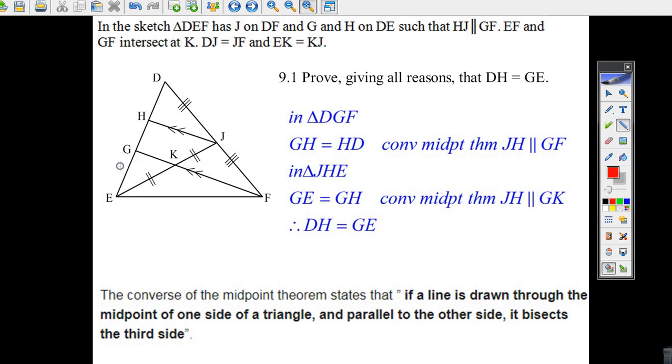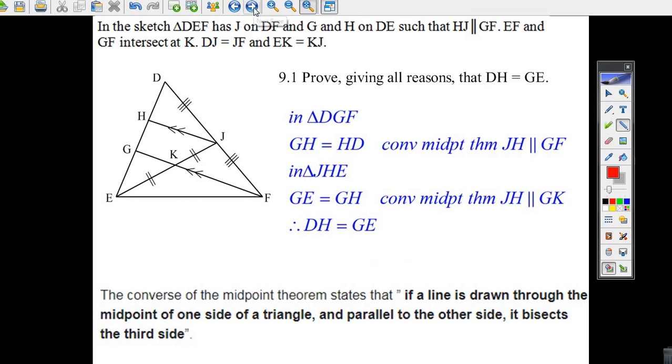So it breaks GE equaling GH. Also the converse of the midpoint theorem, and it's because JH is parallel to JK. Well, I just proved that GH is equal to HD and GE is equal to GH. That means that HD or DH must equal GE because they're both equal to the same thing. And there it is. We proved it.